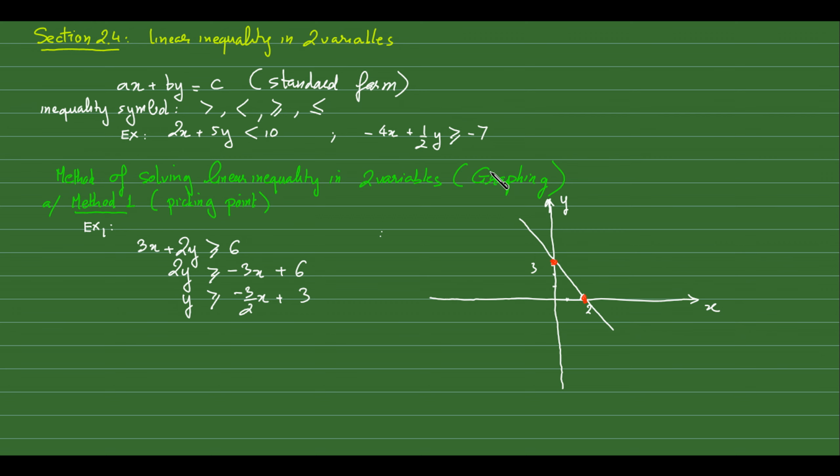Okay, so after you draw the line, you see that this line divides the coordinate system into 2 halves, right? It's the part above the line and the part under the line. So we're gonna pick a point.